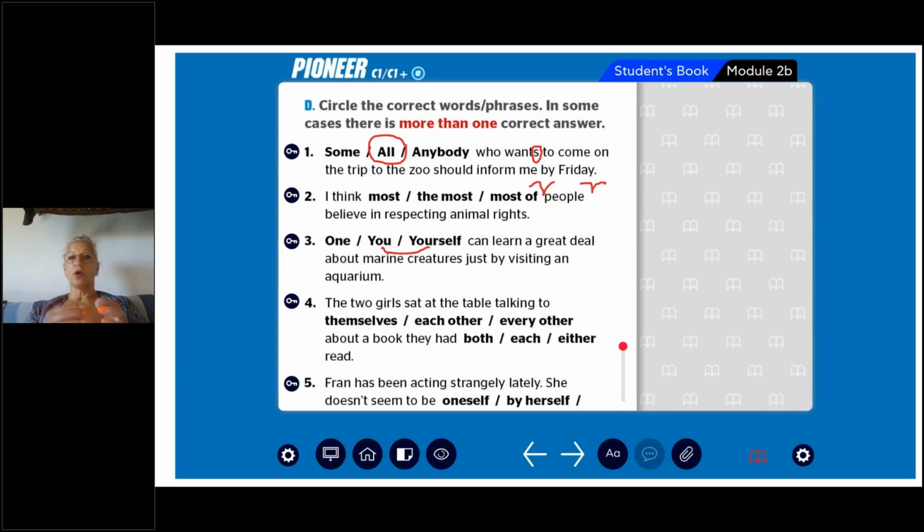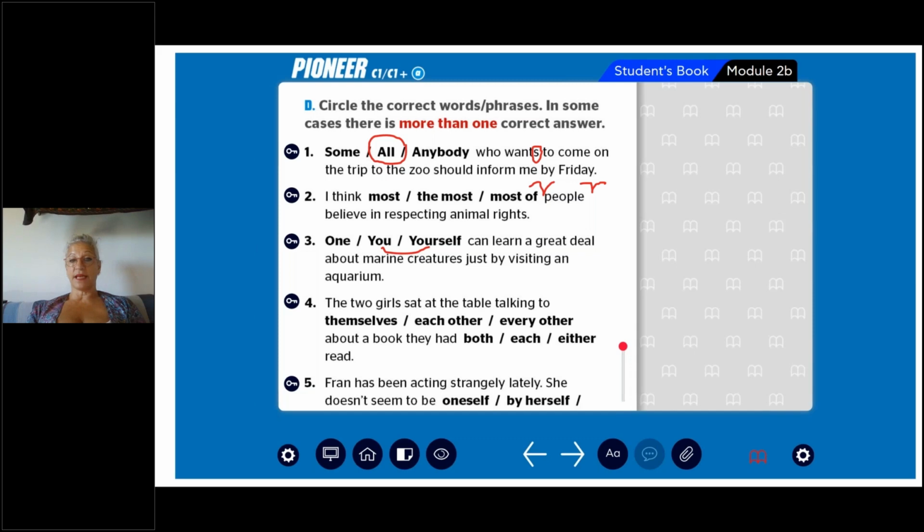So all who want to come, and the S is removed. So it's quite possible that they've just not heard that there is no S there, third person S. So this is what they've heard. So again, is it wrong if they say all instead of anybody?